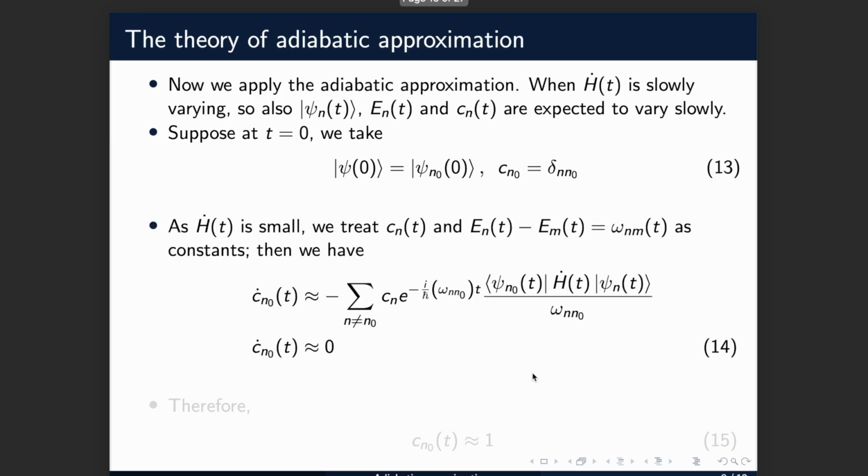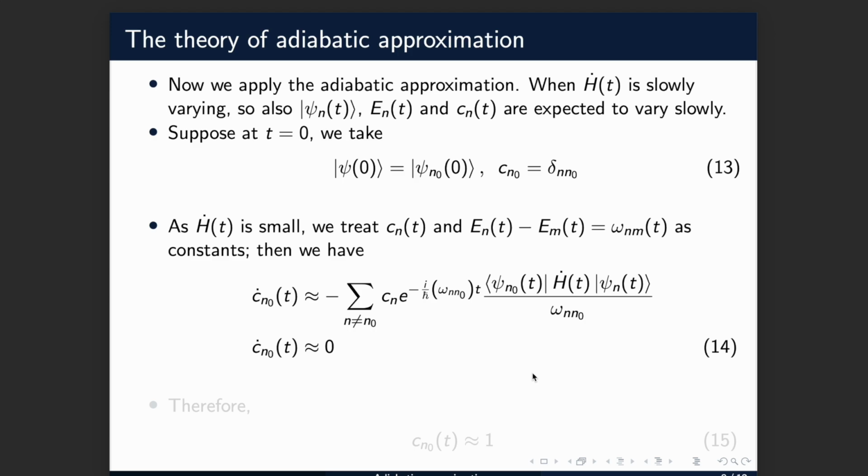Then as H dot is small, for a small interval, the coefficients c n of t and the E n of t minus E m of t are treated as constants. Then the derivative with respect to time of the coefficient of the n naught vector will give equation 14.